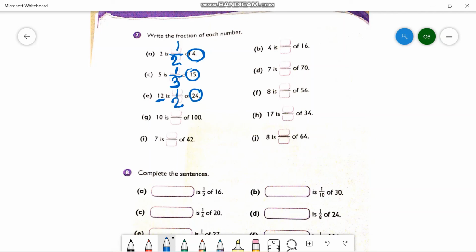Okay, and then just write 1 in the numerator. So the same goes with the rest of the numbers. So 100 divided by 10, 42 divided by 7, 16 divided by 4, 70 divided by 7, 56 divided by 8, 34 divided by 17, 64 divided by 8.